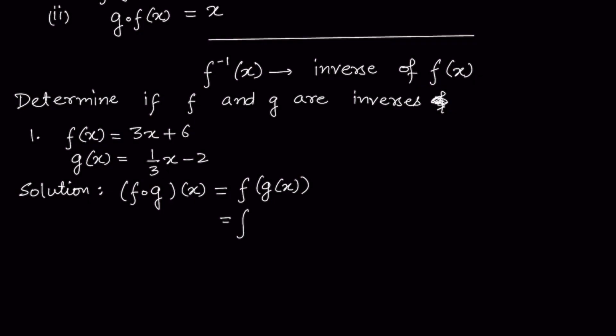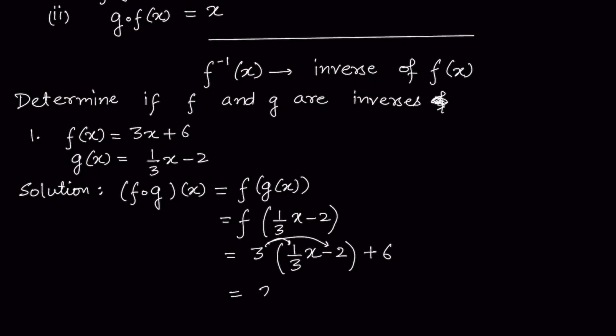So replace the value of g of x first, which is 1 over 3x minus 2. Now we want to evaluate f at 1 over 3x minus 2. So in function f, I am replacing x by 1 over 3x minus 2. Distribute 3. So that gives us x minus 6, and this outside 6 plus 6. So we'll reach back to x.